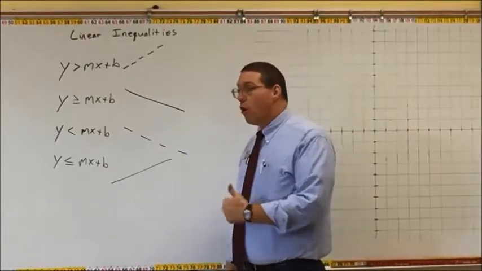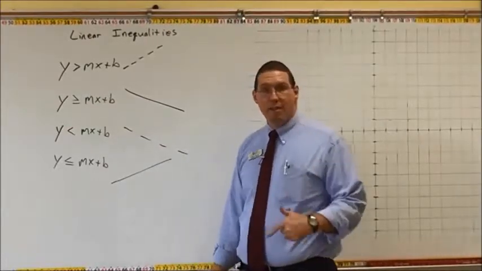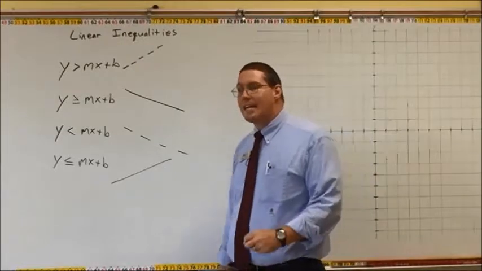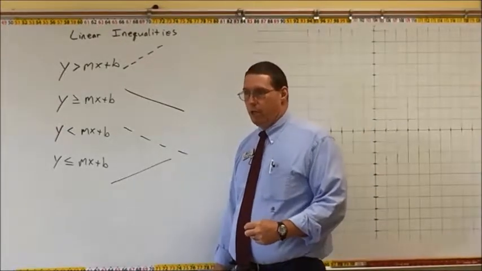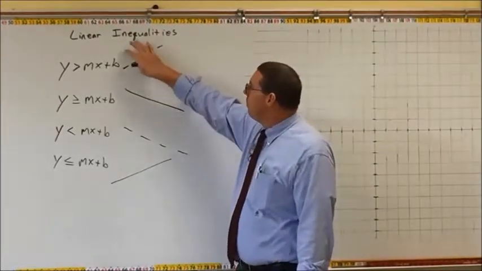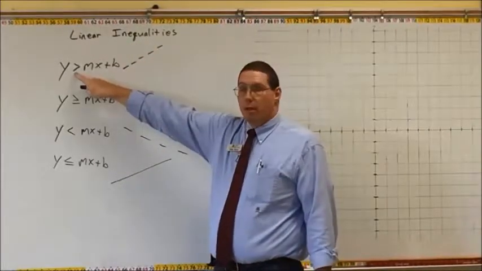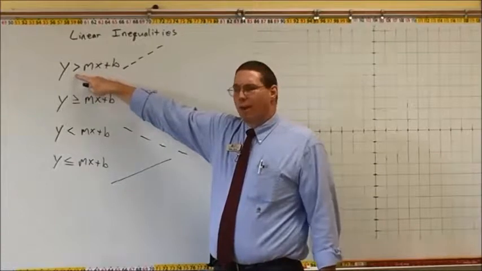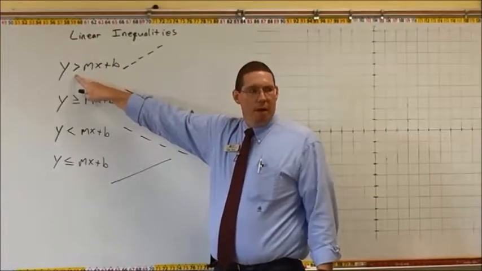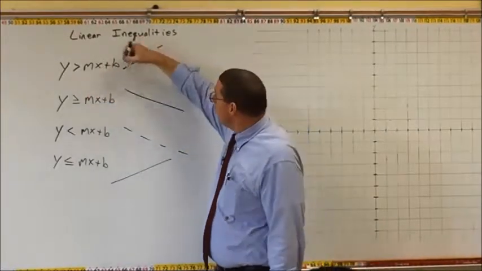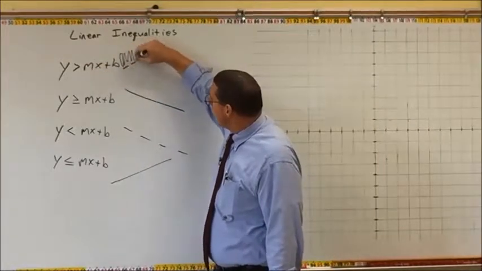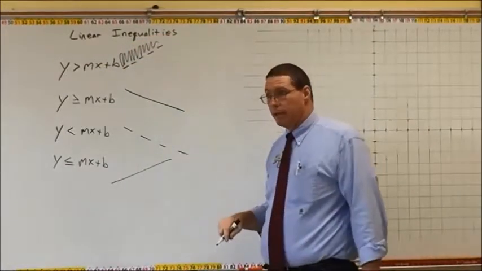Then, after drawing the line, the next thing you'll do is shade a region. You're either going to shade above the line or below the line, and that depends on the symbol. Greater than. Where are all the greater than numbers? Are they above or below? Above. So in this case, we would shade the region above the line.